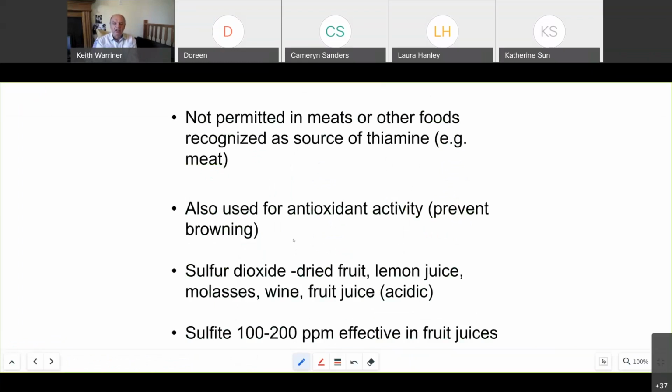Now, as I mentioned to you, I think in an earlier unit, they're trying to get rid of sulfur dioxide and sulfites because it's associated with these allergens. So if you want to know if you're sensitive to sulfur dioxide, all you have to do is drink some white wine. And if you get red cheeks and a red nose, you're pretty allergic to it. And you know, people suggest that it's down to all things.